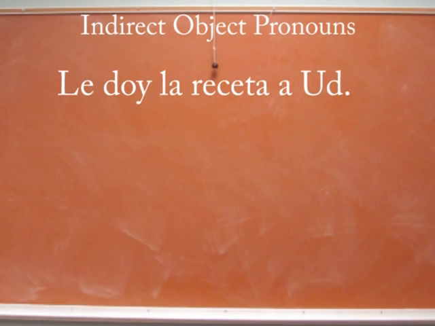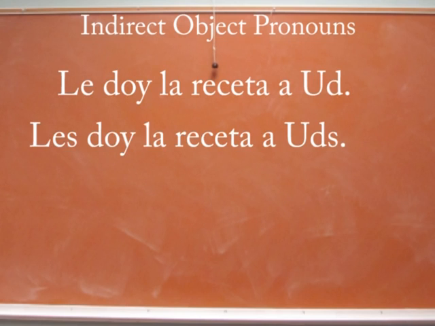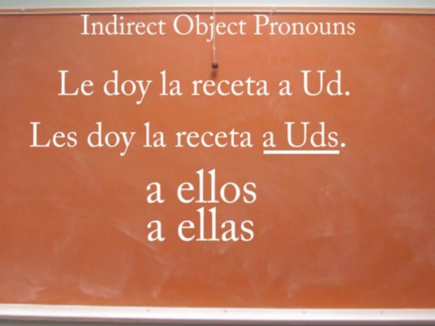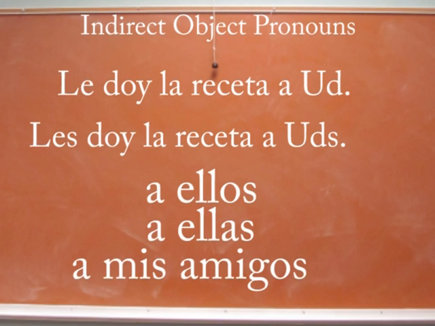Clarity and emphasis is necessary in the third person forms, le or les, because the pronoun can represent so many different people. So, the indirect object pronoun les may be accompanied by a ustedes, a ellos, a ellas, or a plus a plural noun.